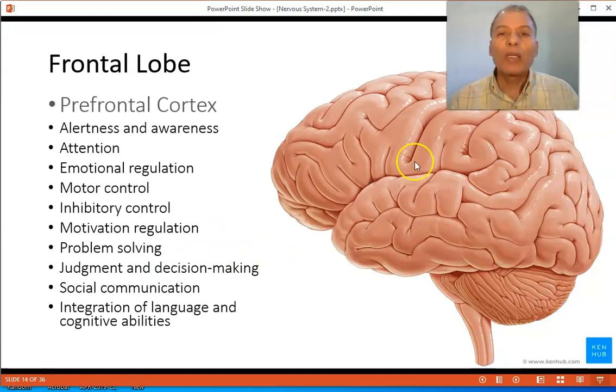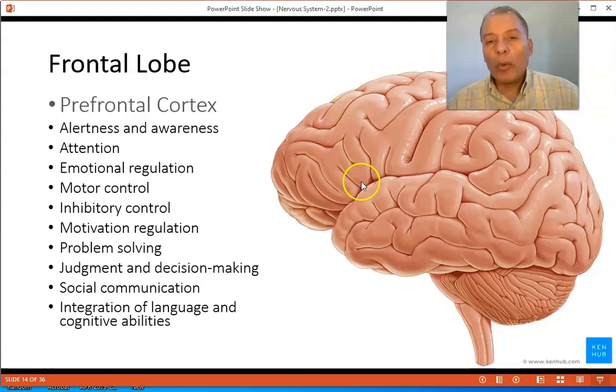So the frontal lobe in general, in terms of the functions, has motor planning functions. It has cognitive functions. It is a very busy area.